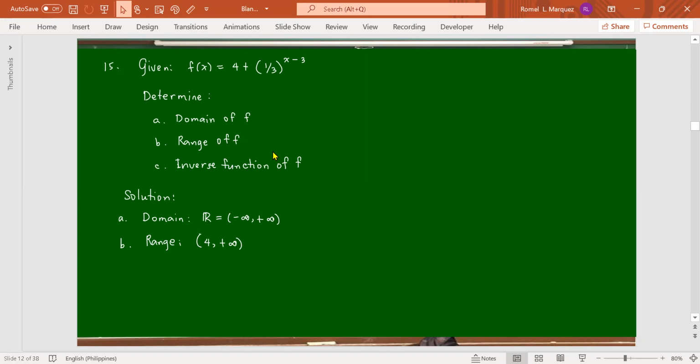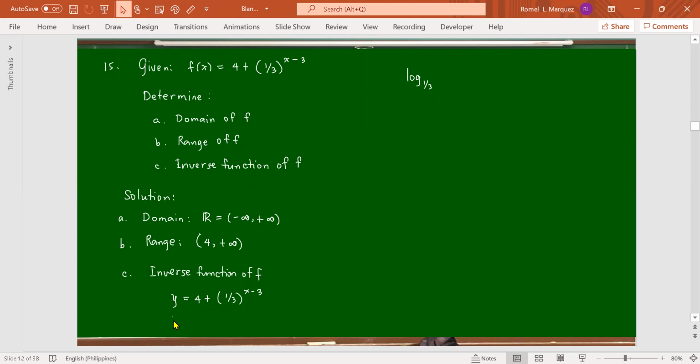Now for the inverse function. So first let y be equal to 4 plus 1/3 raised to x minus 3. Solve for x. We get the logarithm to the base 1/3 because the base of this is 1/3.